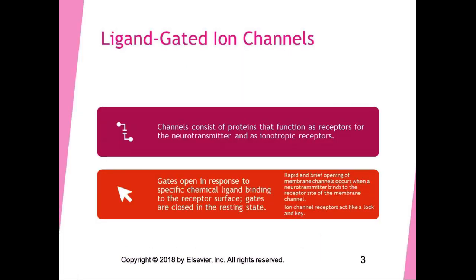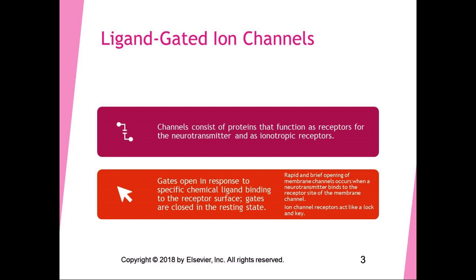I said that the effect of a neurotransmitter depends on where it binds. A lot of times at the synapse, a neurotransmitter is going to bind to a ligand-gated ion channel. Ligand means bind. The neurotransmitter binds, it opens the ion channel, allowing ions to cross the membrane.